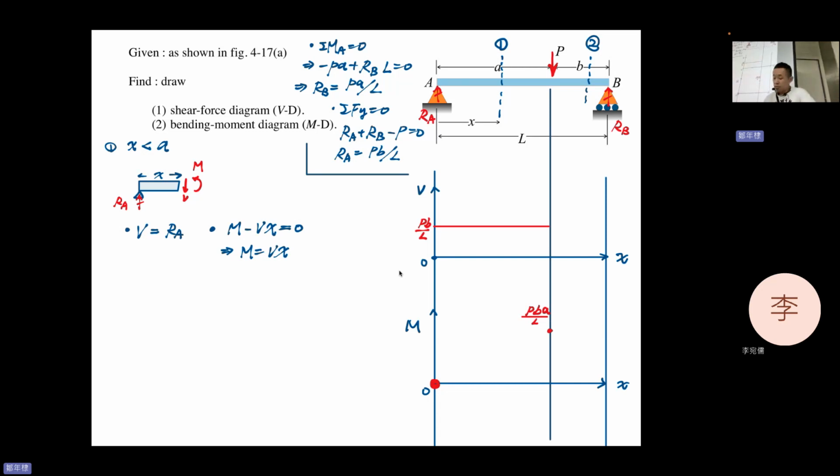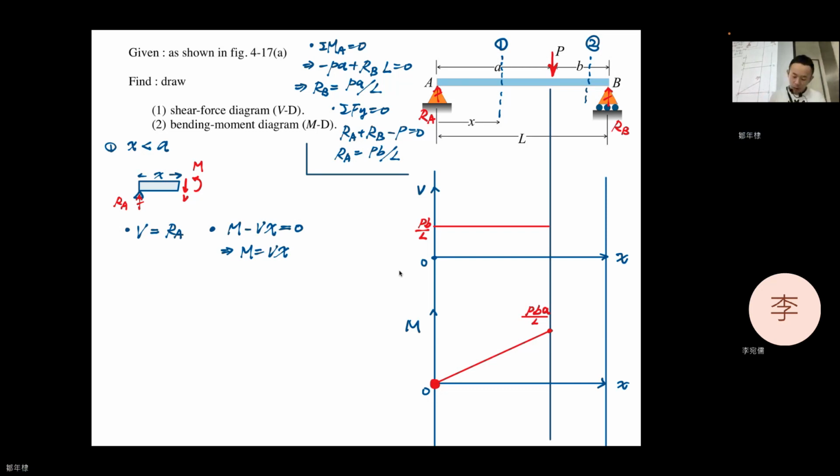So you know the initial point and end point, and Vx is a line. So yeah, this is M in the first section. So you can imagine that the moment in the material gradually increases to the middle point.